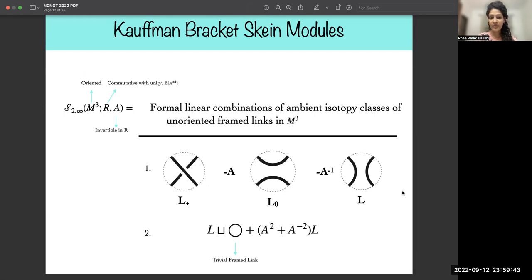So we have the trivial component relation, and we have the Kauffman bracket Skein relation. And once we mod out by these two relations, what we get is the Kauffman bracket Skein module. Keeping in mind that our manifold is oriented, we work with a commutative ring with unity. And this element over here is the trivial framed link.